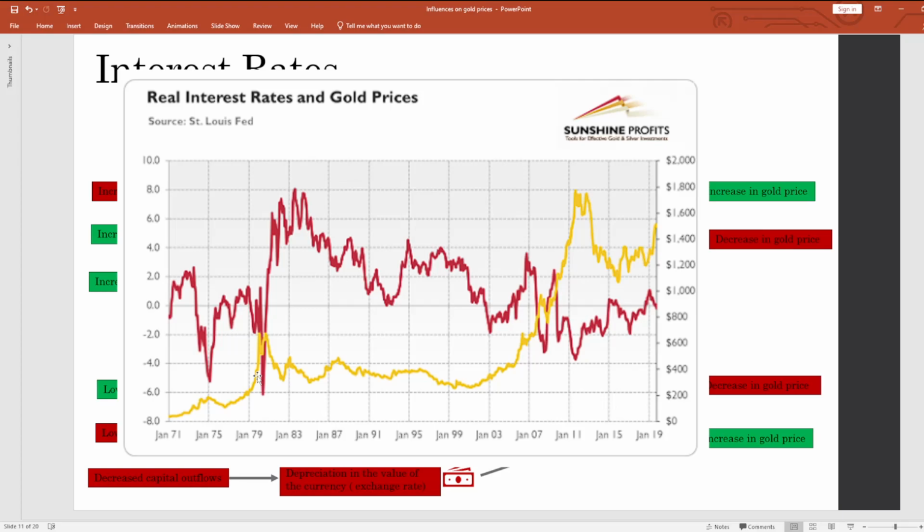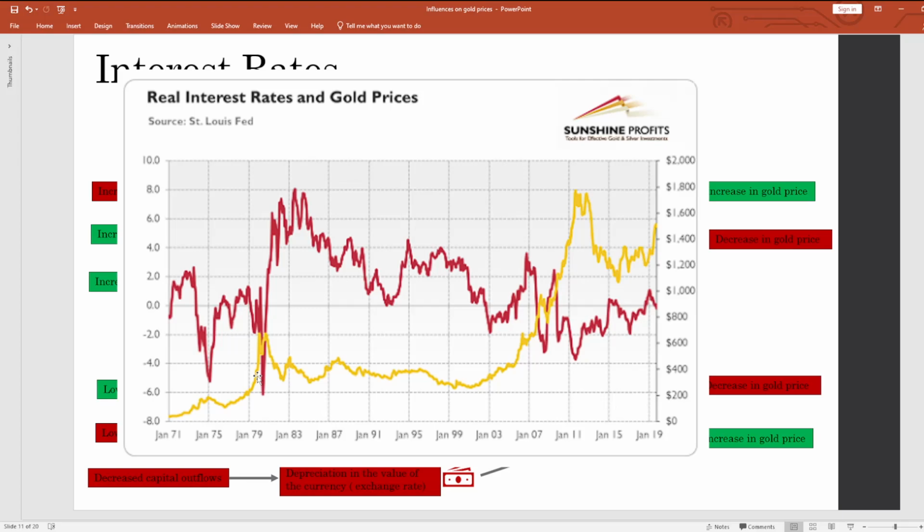So fear, of course, is part of that. So the bust worsens the economic situation of a country, and that boosts the price of gold, boosts demand for it.